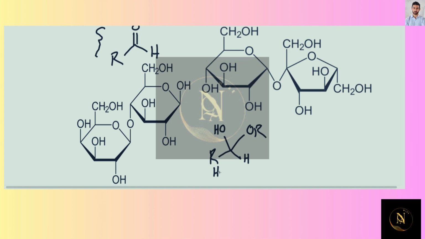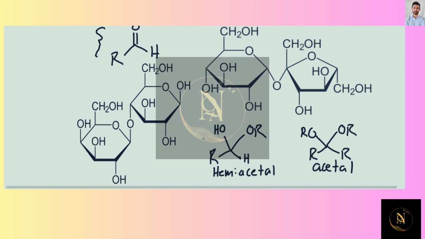This is a hemiacetal. An acetal, in contrast, is a very similar compound, but instead of having an alcohol and an ether linkage, it simply has two ether linkages. This is an acetal, also known as a ketal.